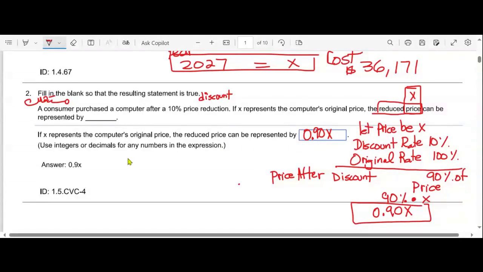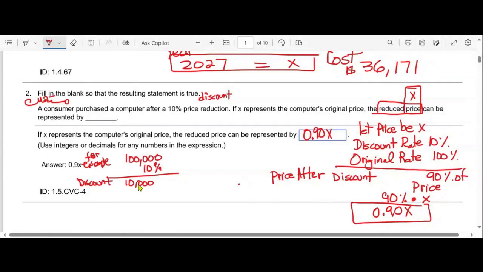Let's say, for example, you're going to buy a car. The car costs 100,000. You're going to get a 10% discount. So how much are you going to pay? You have to multiply this times this. What do you get? 10,000, right? That's the discount. I'm just giving you an example.